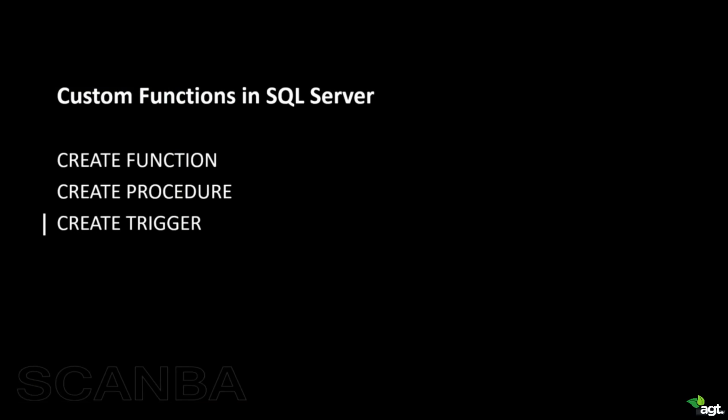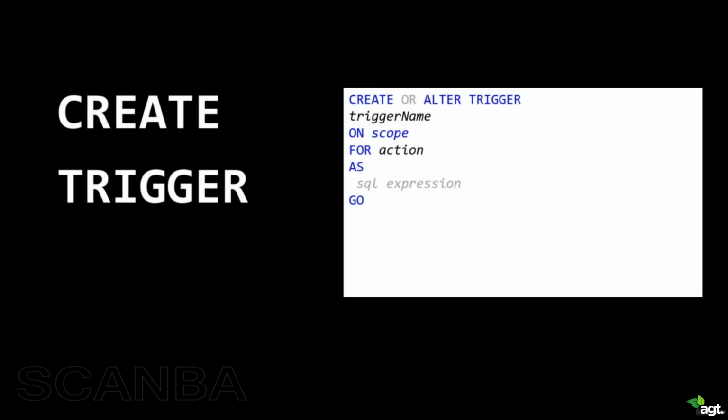The third way of creating custom functions is to create triggers. In fact, a trigger is a special type of stored procedure. Triggers are automatically executed by the SQL Server when a specified event occurs. The SQL Server distinguishes three types of triggers: data manipulation triggers that can modify the data, data definition triggers that can create and delete database objects, and login triggers that react to the SQL Server login events.